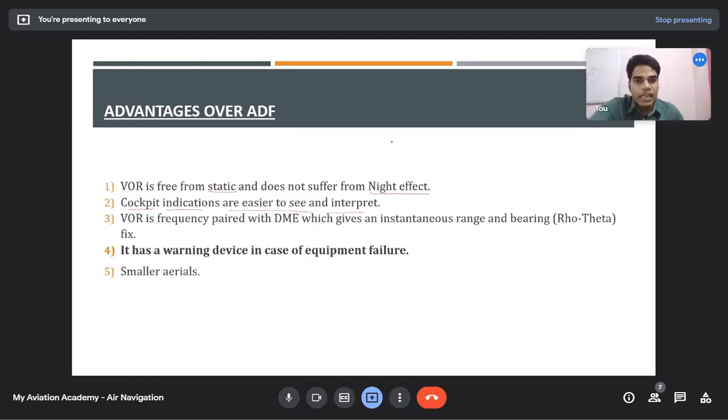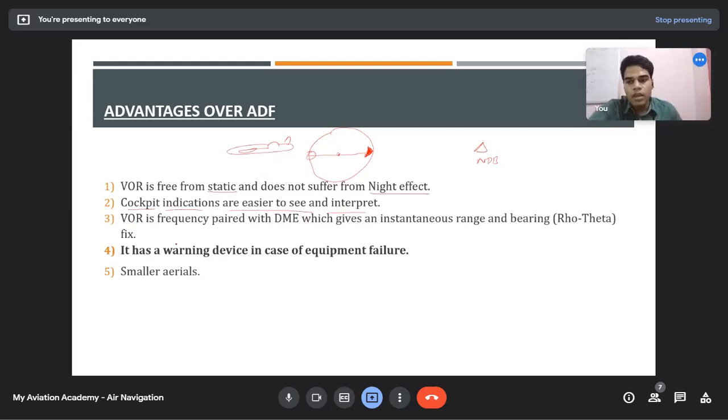In ADF and NDB, if the aircraft was going outside and this is our NDB, the pointer was in this direction. This could be a confusion to some pilots who don't know how to read the NDB. If you want to go outside, you have to follow the tail. Some pilots forget these things. So cockpit indications are easy to interpret.